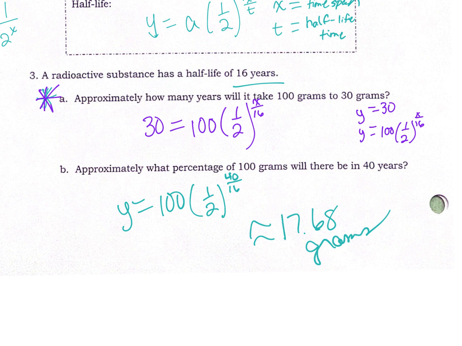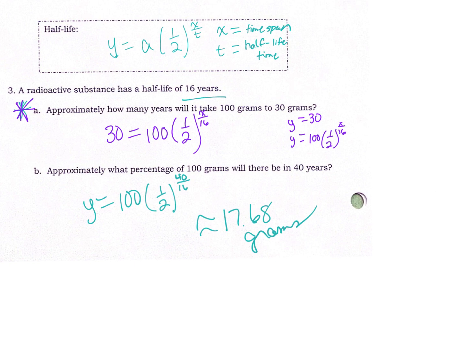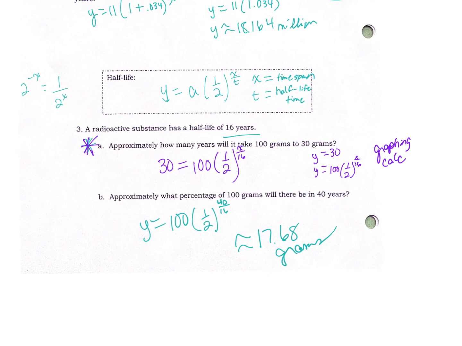And that gives us some information about how to solve that problem. I just wanted to mention that for those of you who are curious about how we could solve this, okay? But we're going to move on. All right, did everyone get that 17.68 grams, right? Okay, cool.